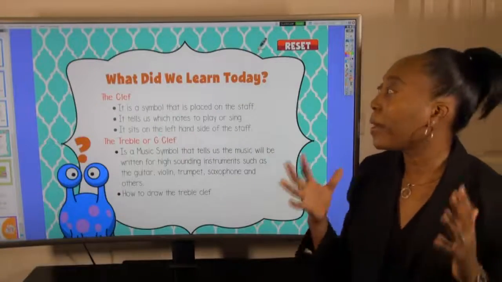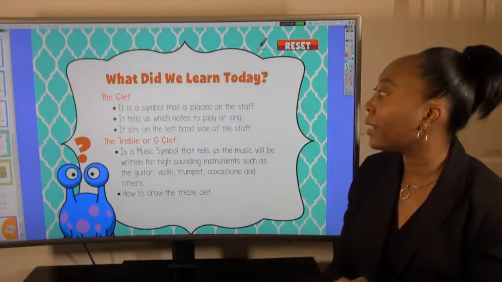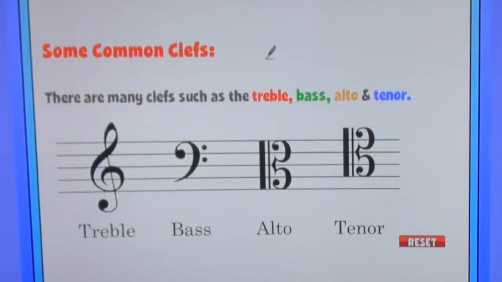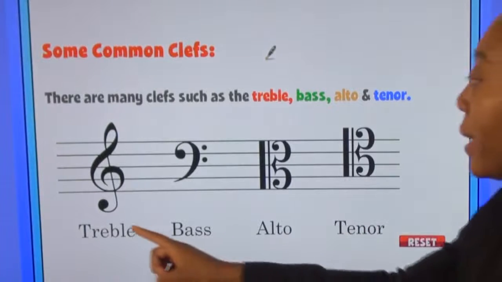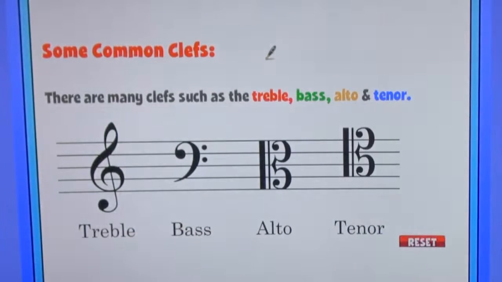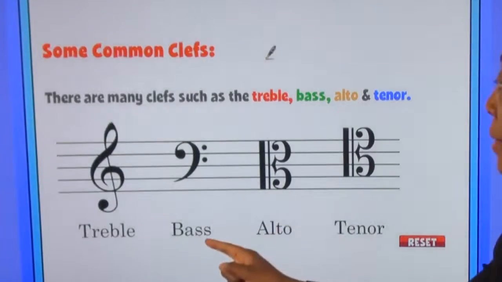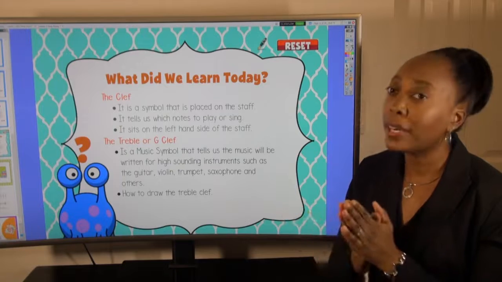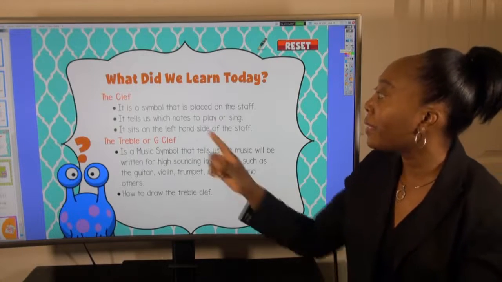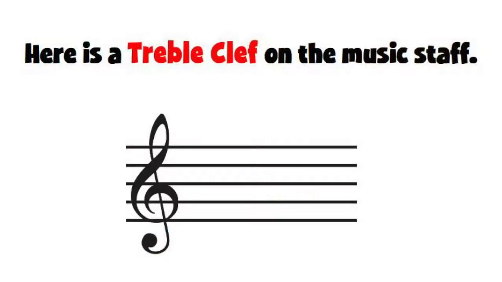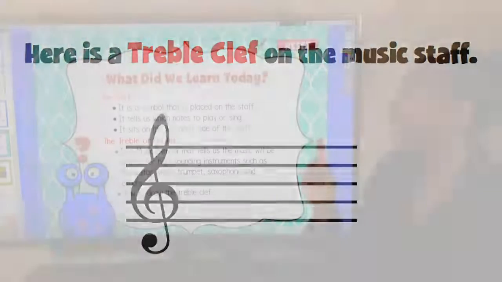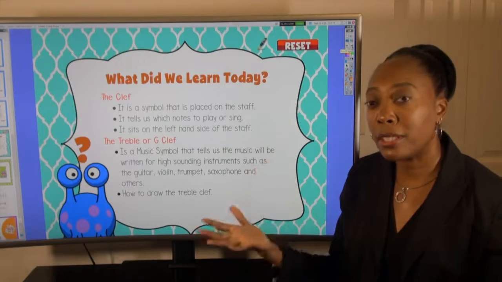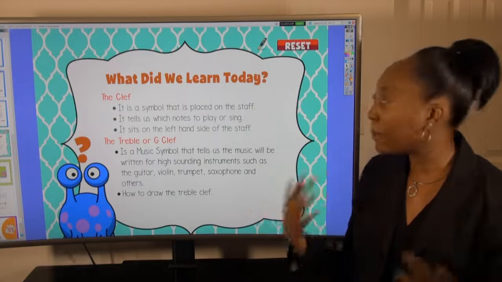All right, so what did we learn today? Well, you learned quite a bit today. You learned about the clef. I showed you several different clefs, but we talked about the two most common clefs, the treble clef and the bass clef, and we focused primarily on what? The treble clef. So the clef is a symbol that is placed on the staff, and it tells the musician what to sing or what to play.